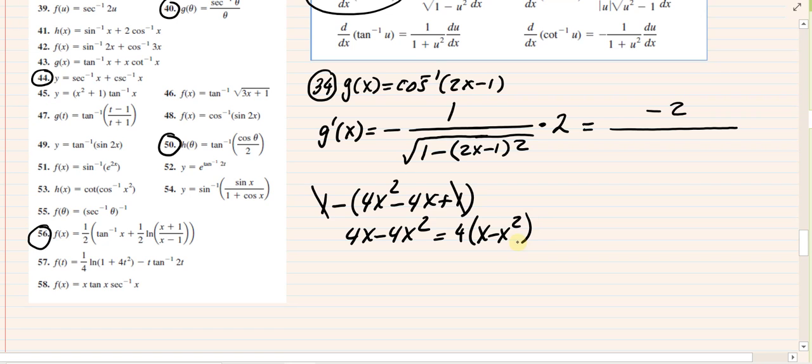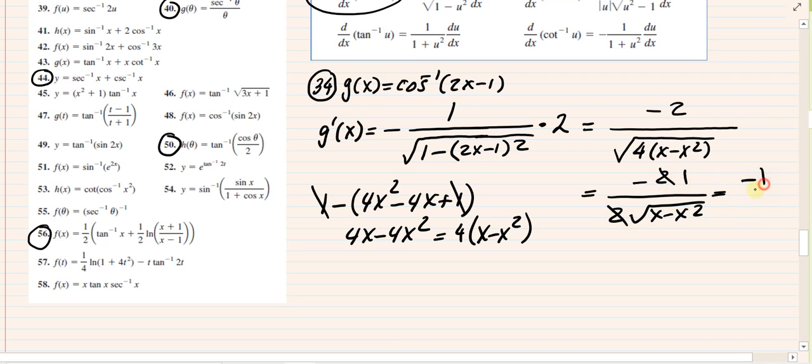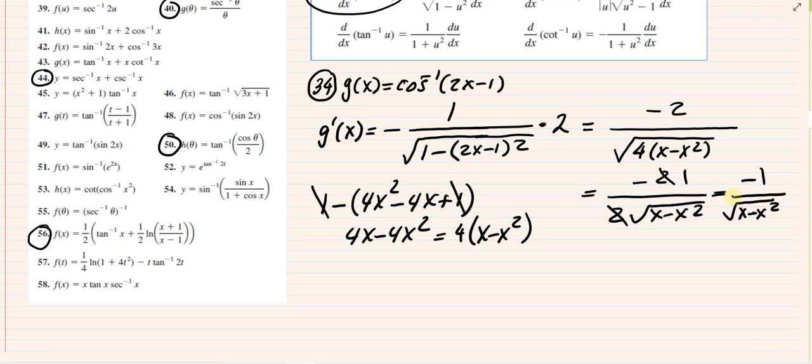That's the square root of 4 times x minus x squared. Now, the square root of 4 is 2, so that's negative 2 over 2 times the radical x minus x squared. The 2's cancel out, so the answer is negative 1 over the square root of x minus x squared. And there you have that one. Okay, that's number 34.